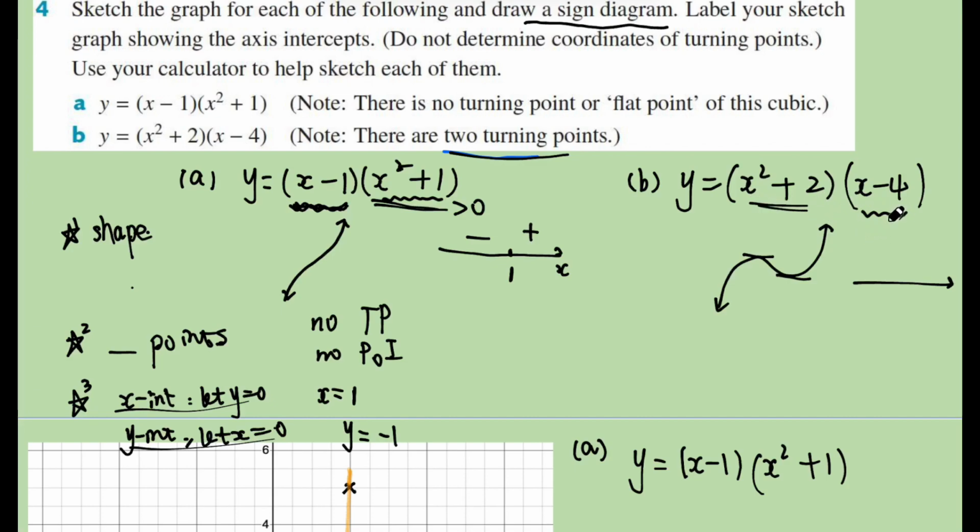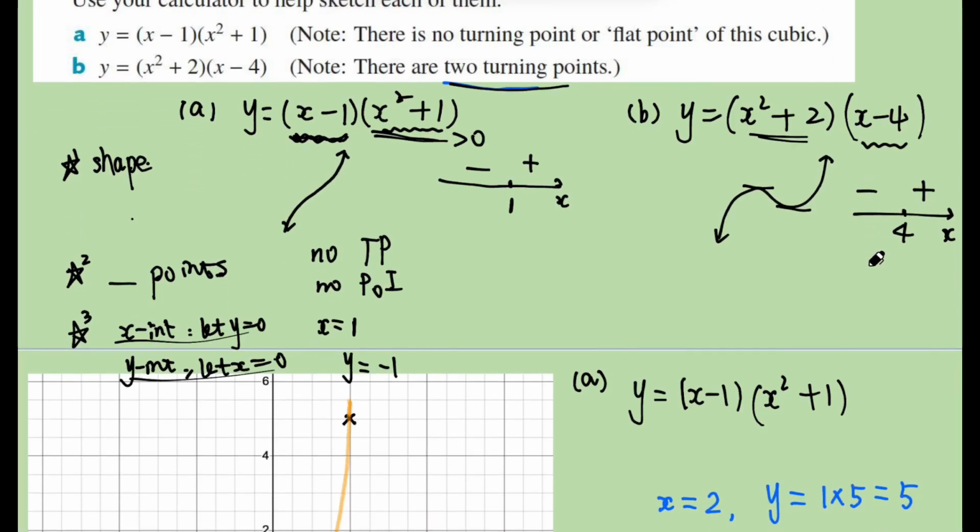Then the sign of y will be mainly determined by x minus 4. So we label the value of x on the x-axis, and to the right of 4, all the values are positive. To the left of 4, it's negative. Then similarly, we are going to calculate the x-intercept, which is x equals 4 directly. Then for the y-intercept, let x be 0, and we will have y equals -8.